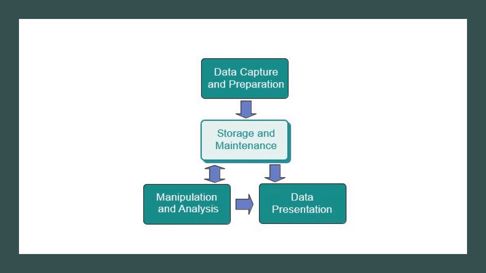If I need only the count of the tree, then I'll directly present the data by presenting the count of the tree. Otherwise, if I need the data in category, for example, how many mango trees are there, how many apple trees are there, in that case, we need to perform manipulation analysis, and then our data is ready for presentation.